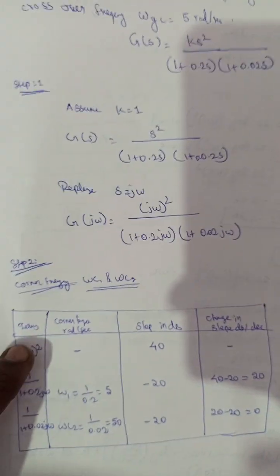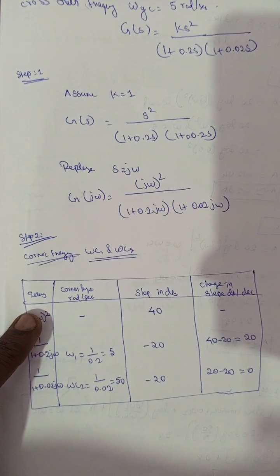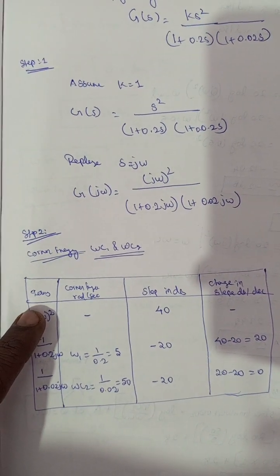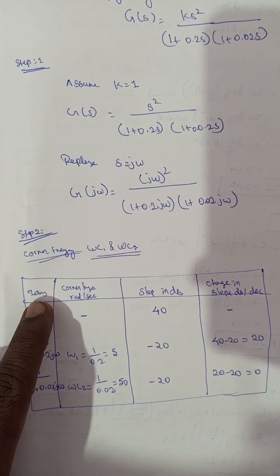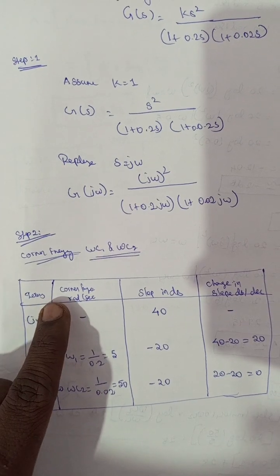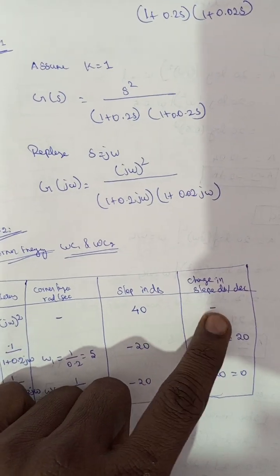In the second step, we have to calculate the corner frequency of the given gain. For the corner frequency, you have to make a table with column headings: term, corner frequency in radian per second, slope in dB, and change in slope.